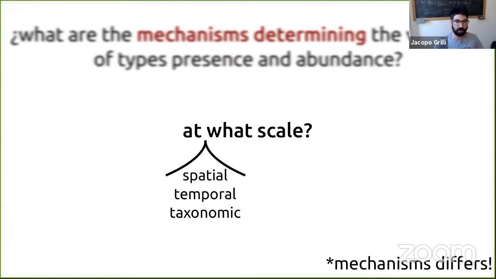The answer depends on what spatial, temporal, taxonomic, phylogenetic scale we are looking at our community at. So at different scales, mechanisms will differ. And so this is a disclaimer that whatever I'm going to say holds for the spatial, temporal, and taxonomic scale I'm looking at.